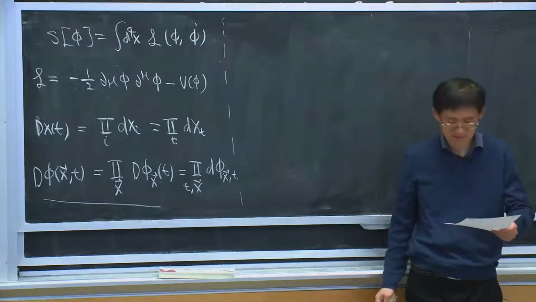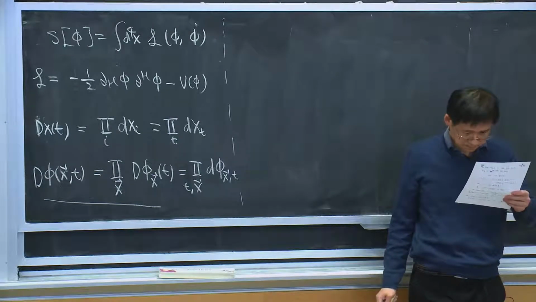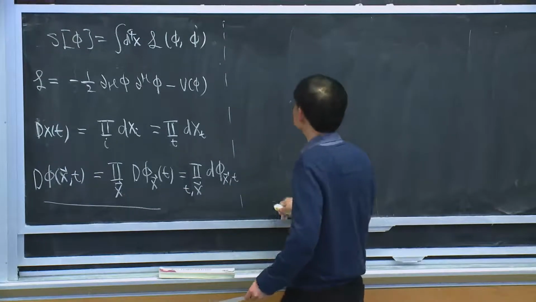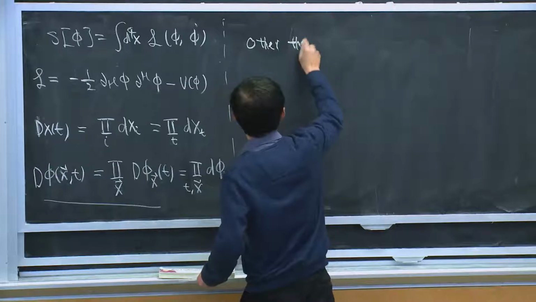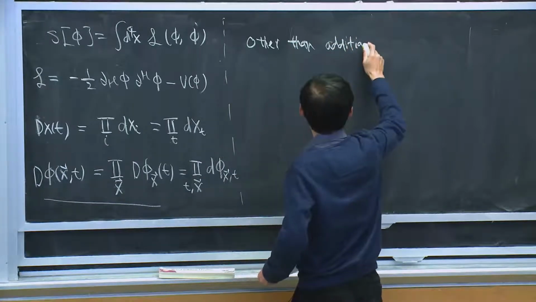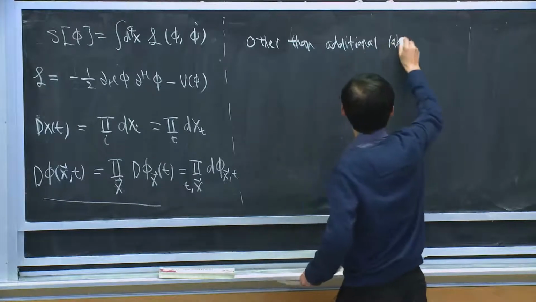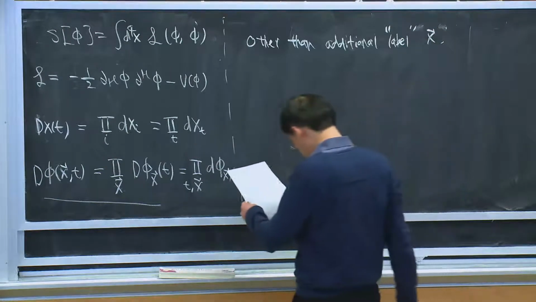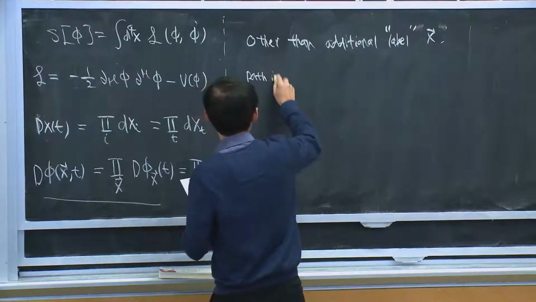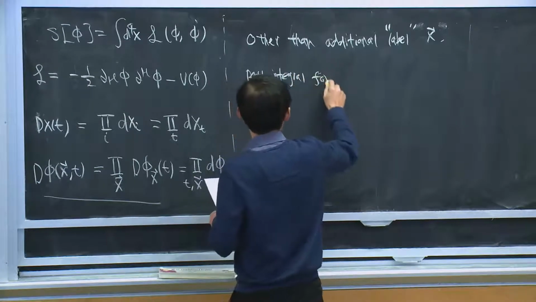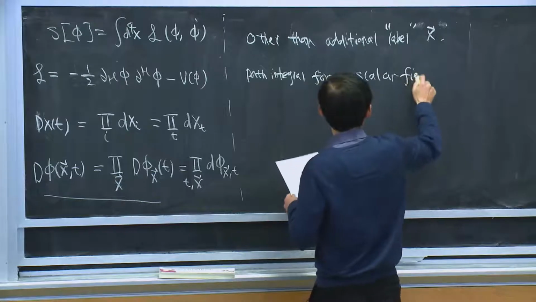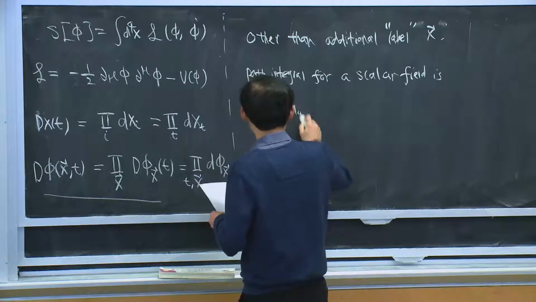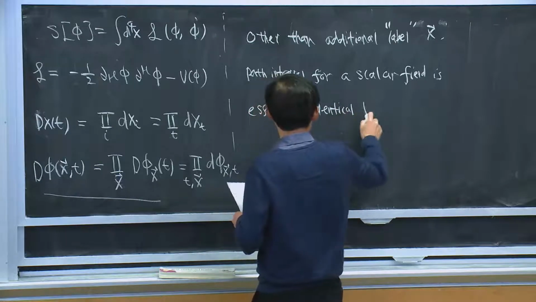So other than this additional label x, the field theory path integral for a scalar field is essentially identical to that in quantum mechanics.